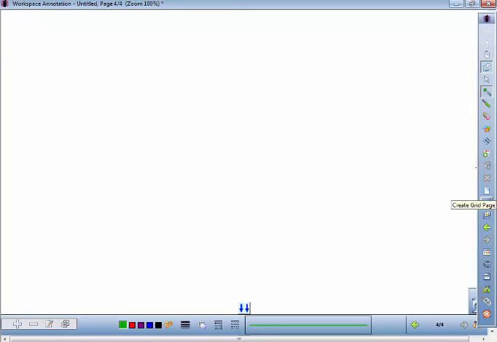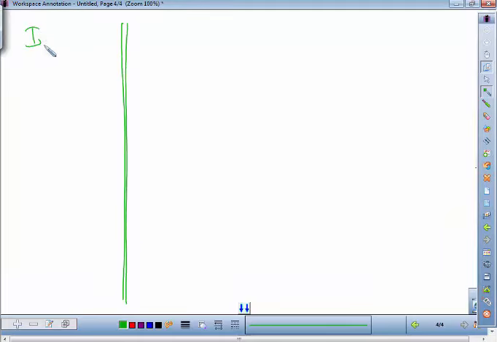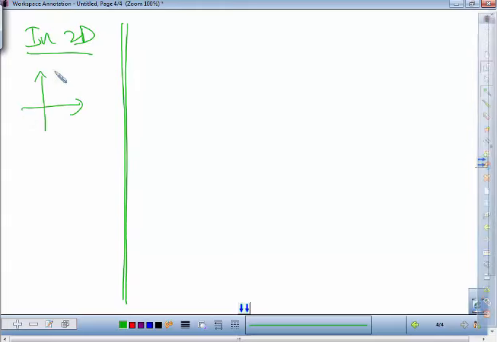And I'll start by going back to 2D. So in 2 dimensions, we have the x, y. We label it x, y, but you can really label it whatever you want. But we'll call it x and y.